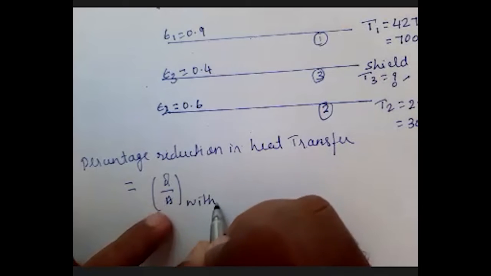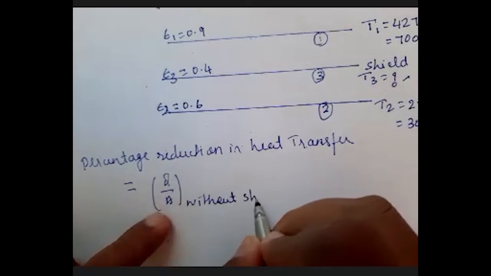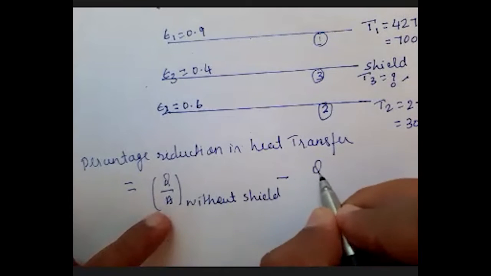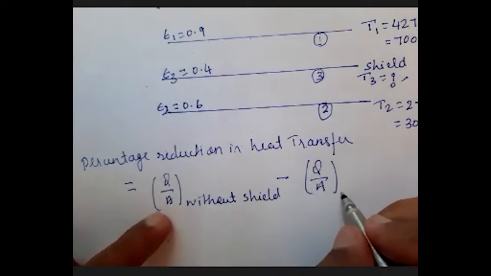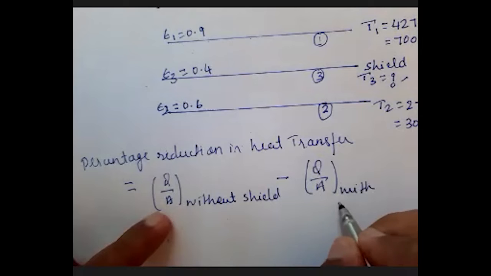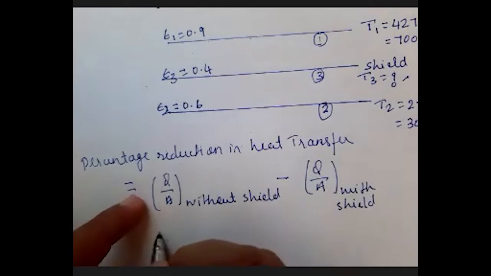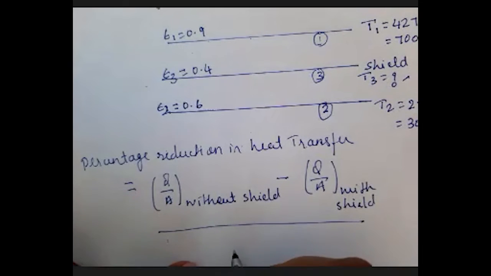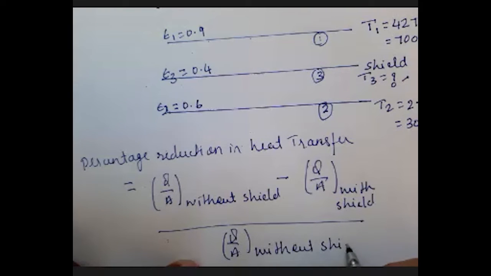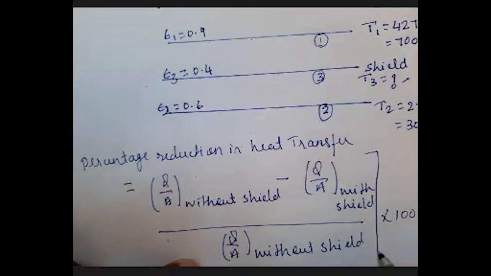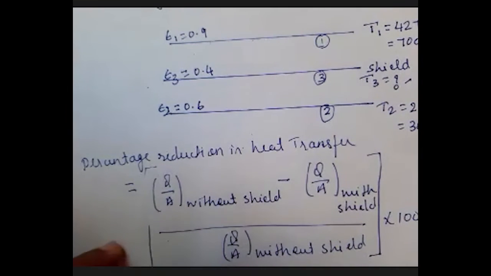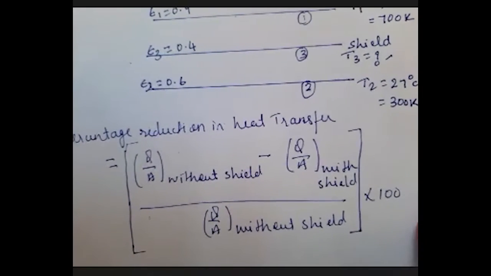So without shield, minus heat transfer rate per unit area with shield, divided by the heat transfer rate per unit area without shield, multiplied by 100. This whole thing within the square bracket, if I multiply it by 100, gives me the percentage.